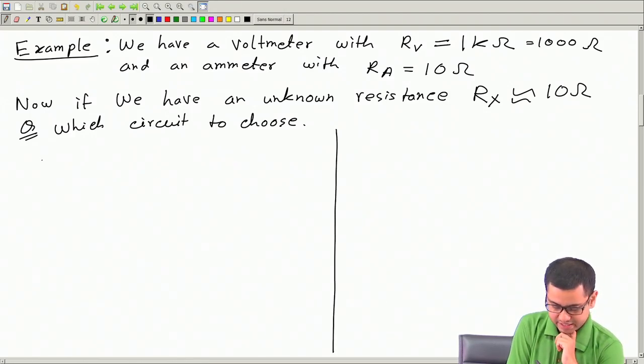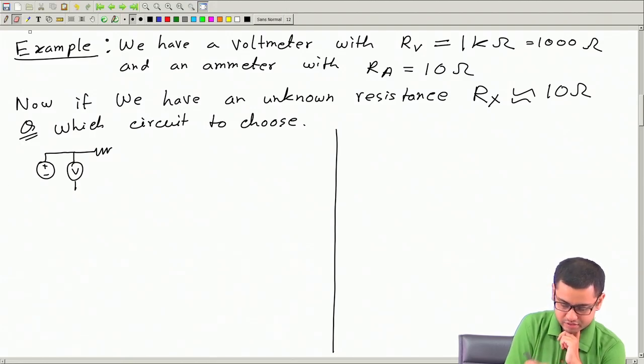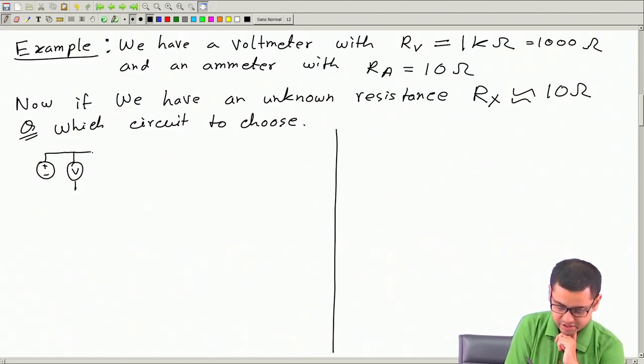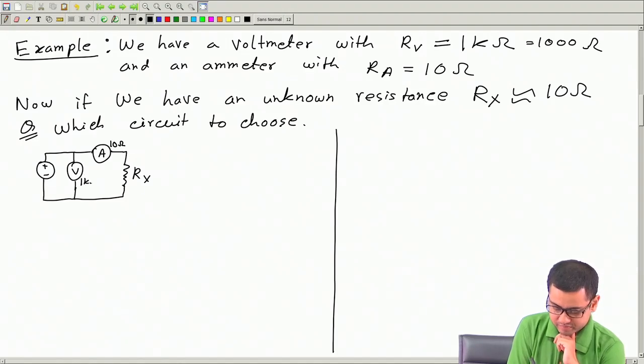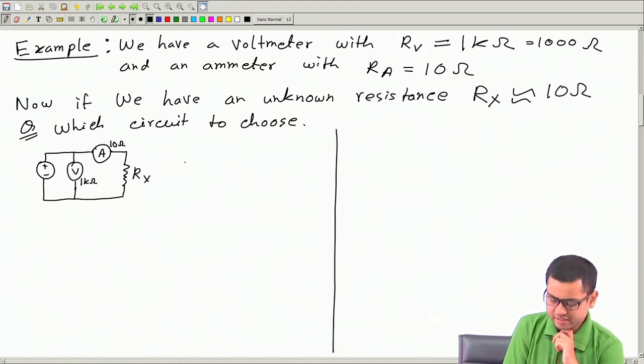So one circuit is like this, a voltage source, then let's take a voltmeter, ammeter, resistance Rx. So this is one circuit, ammeter resistance is 10 ohm, this is 1 kilo ohm, and this is say 10 ohm.